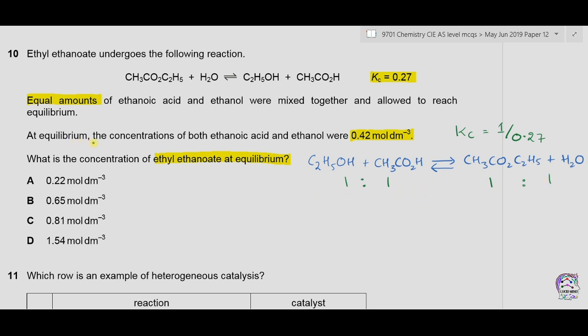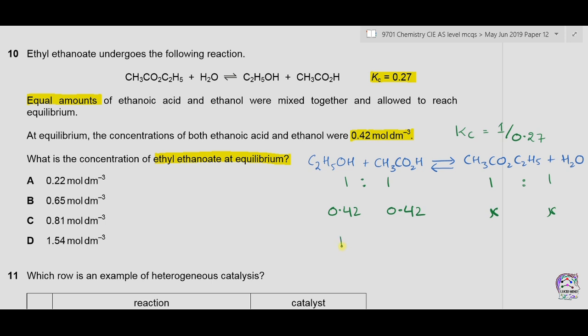In the question it says that at equilibrium the concentration of both ethanoic acid and ethanol were 0.42 mole per decimeter cube. So let's write the concentration at equilibrium. We have 0.42, 0.42. As number of moles of products are equal, we can assume that the concentration must also be equal. So we can write X in place of concentration.